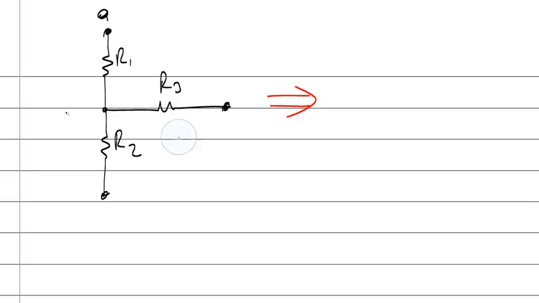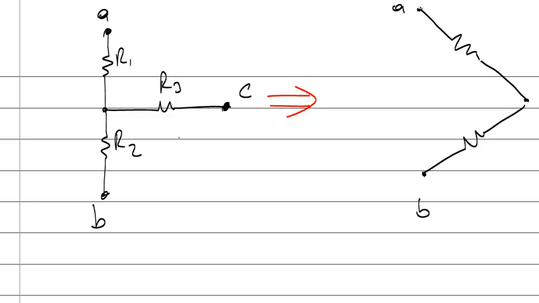If you say this is point A and this is point B, this is point C, okay, A, B, C. You can replace this combination with this combination.